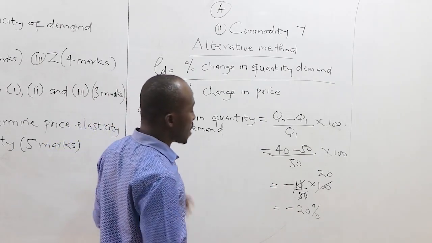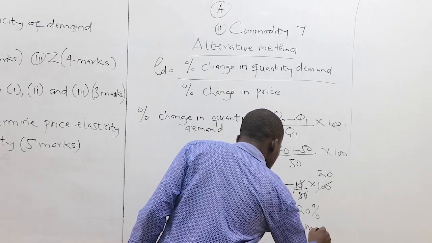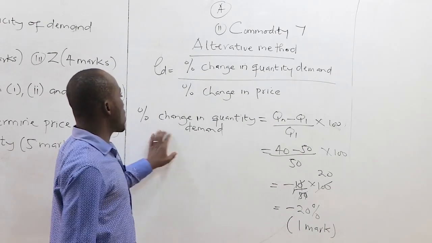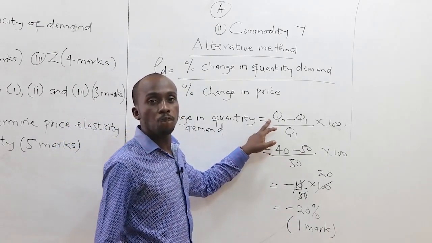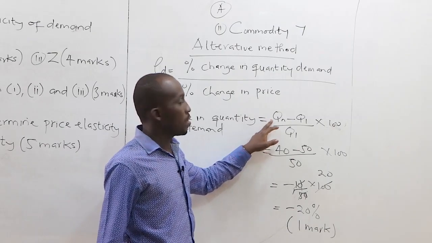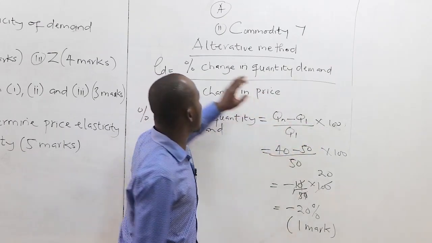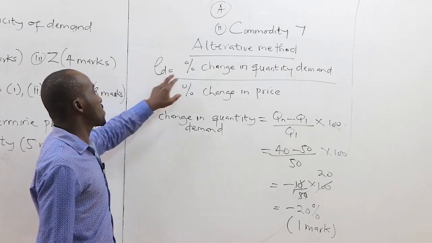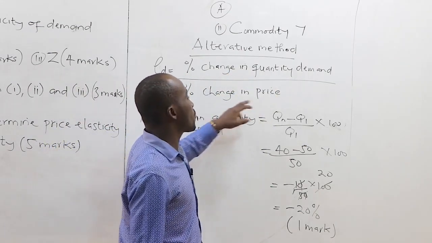So let me walk you through, and this will give you 1 mark. The alternative approach to get price elasticity of demand is percentage change in quantity demanded divided by percentage change in price.